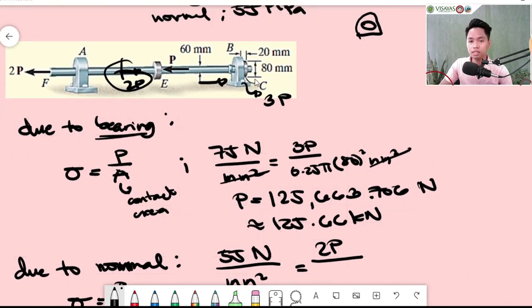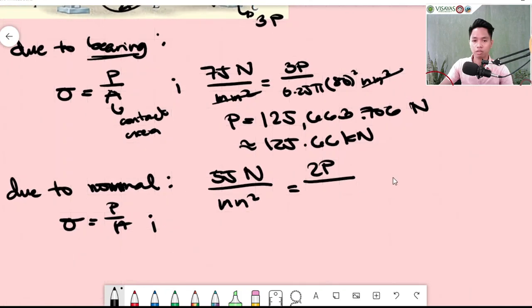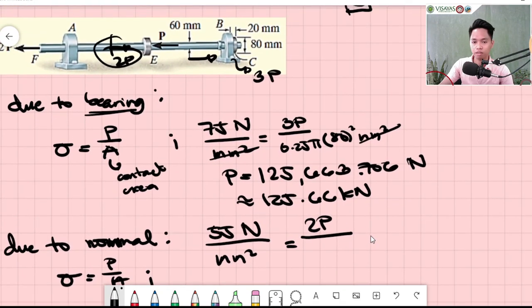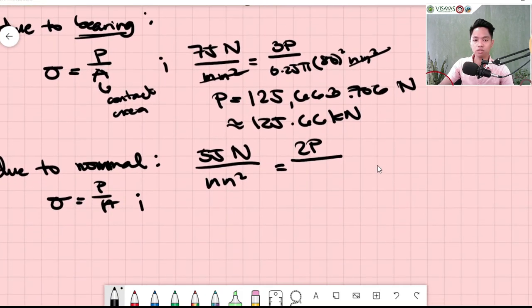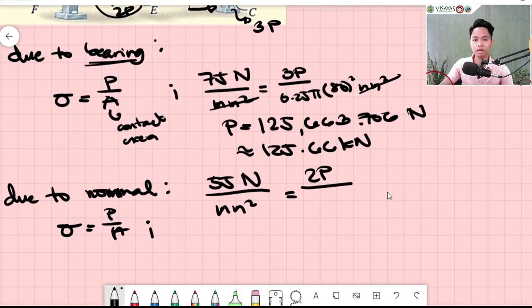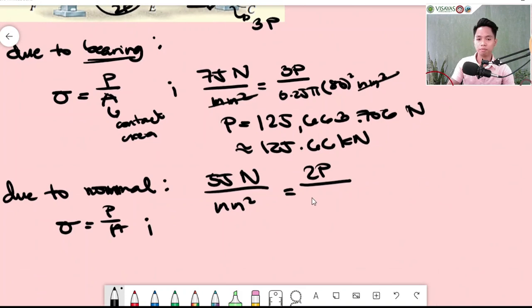Anyway, let's check, but I feel I missed something. Let's just check later if our answer is correct. So, area of the rod would be 0.25 pi, the diameter is 60 squared, mm squared, therefore mm squared cancels.